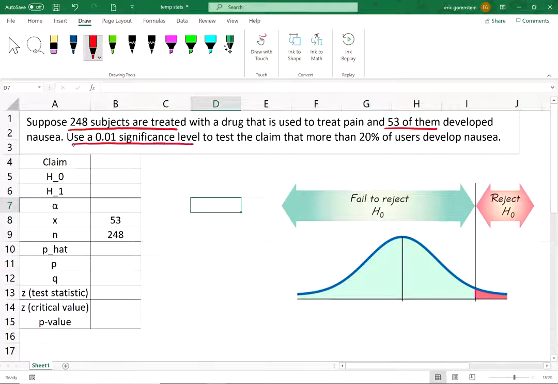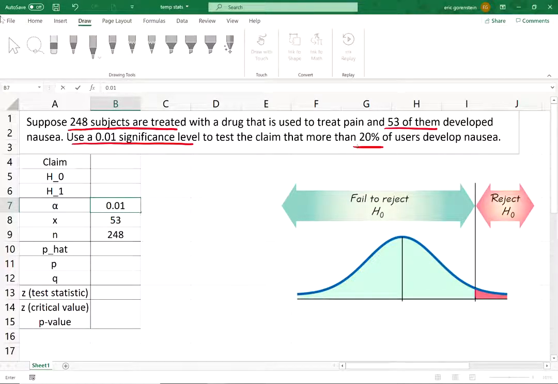Remember, significance level is alpha. So over here next to alpha, I'm going to put 0.01. To test the claim that more than 20% of users develop nausea. So our original claim is more than. So we'll say P is greater than 0.20.